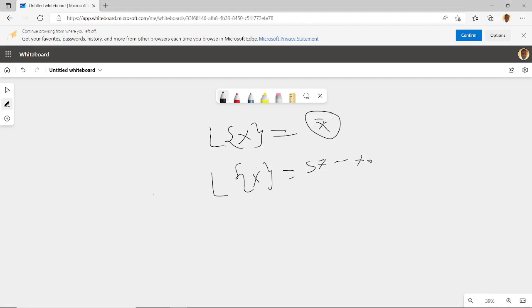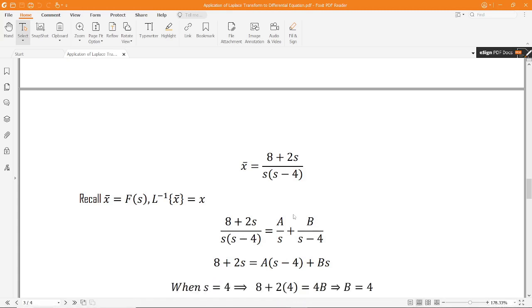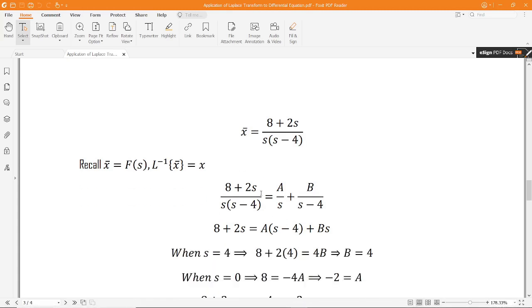So when you take the inverse of x bar, you have x. Just the way we worked around it when we're solving for inverse. So again, we are going to be using the partial fraction. We have the denominator s and that of s minus 4, so a is taking the denominator s and b is taking that of s minus 4.